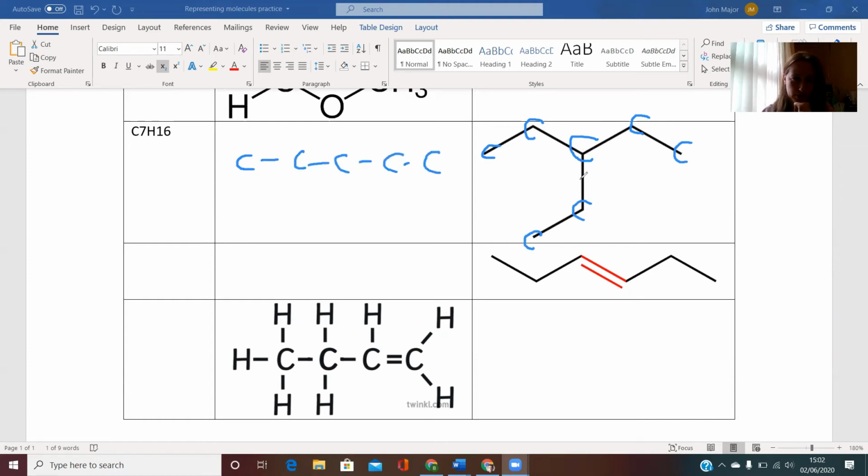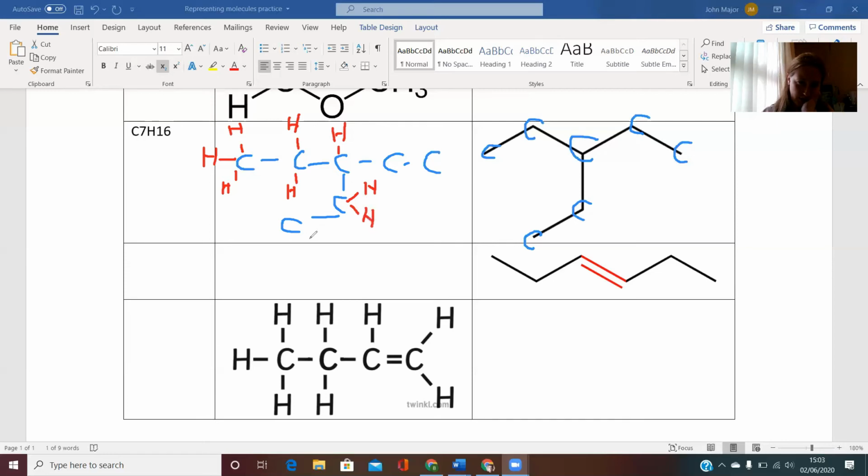And on the middle carbon, there's another carbon chain coming off the bottom. Then we just need to add our hydrogens. So 3 hydrogens. This one needs 2 hydrogens. Remember, all carbons need 4 bonds in total. This one needs 1 because it's got 3 bonds already. This one's got 2 bonds, so we're going to need to squeeze in 2 hydrogens there.